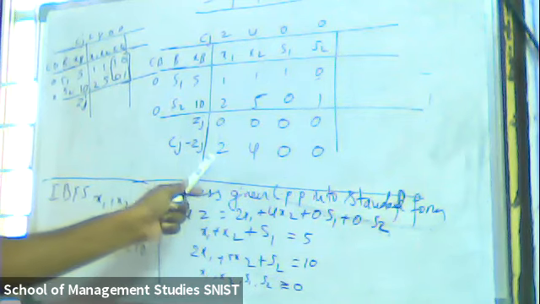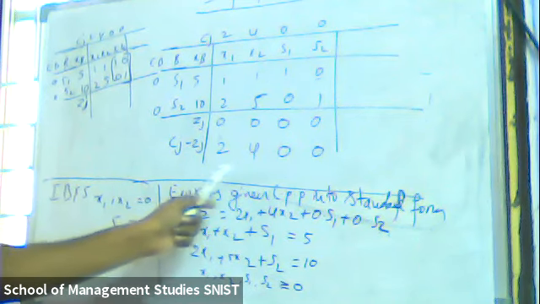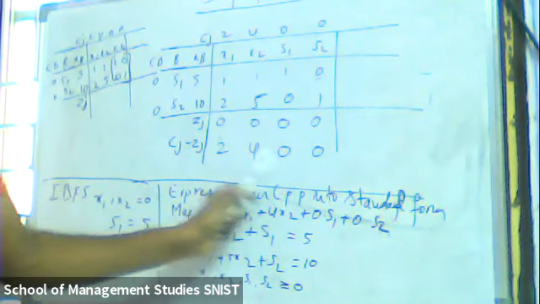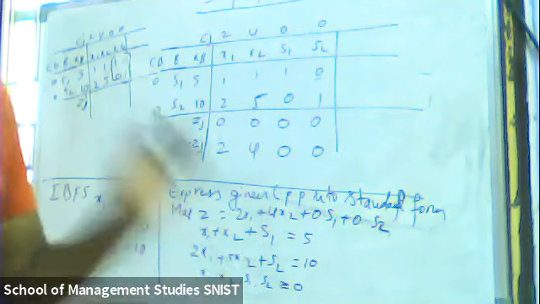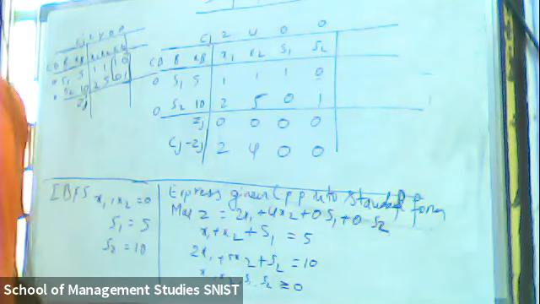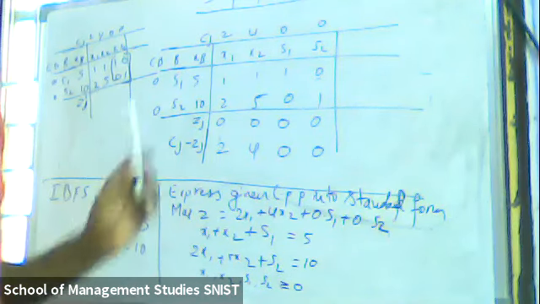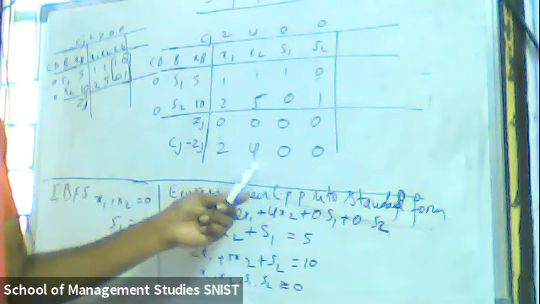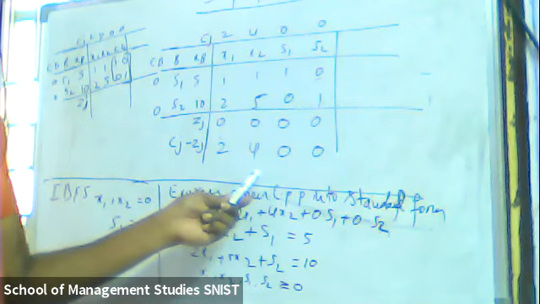If you get in the first iteration itself minus 1, minus 1, 0, 0 or 0, 0, 0, 0, then this problem is optimal and we'll stop, and the next procedure is different. But here we got a positive value. So check the Cj minus Zj values. Is it a positive value which we got? Yes, sir.